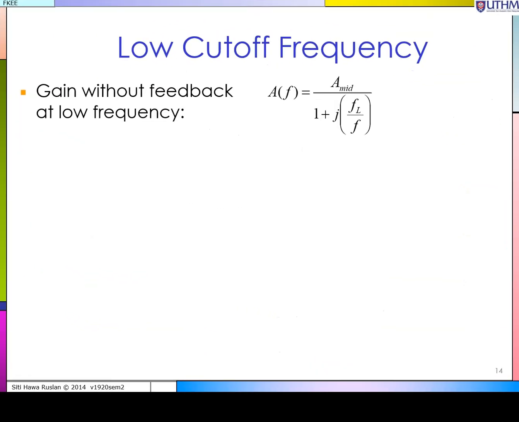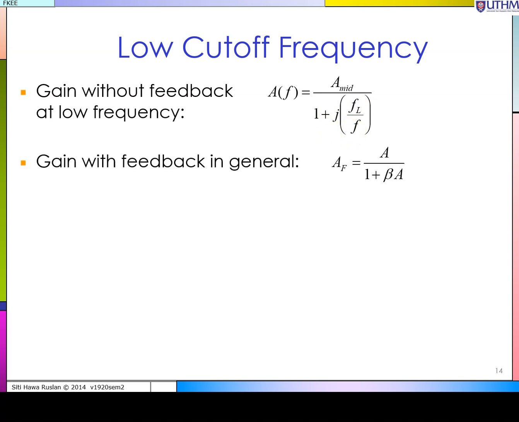So how do I get the relationship between FL and FLF? We remember that for any circuit, it is a function of frequency. So I can write that A is a function of frequency, which is simply the mid gain or the maximum gain divided by 1 plus jFL over F. This is the transfer function of a circuit.